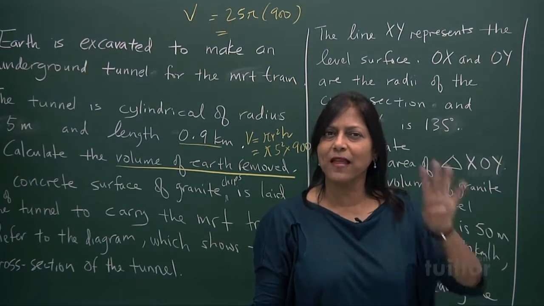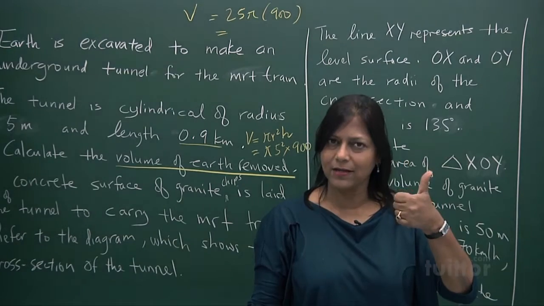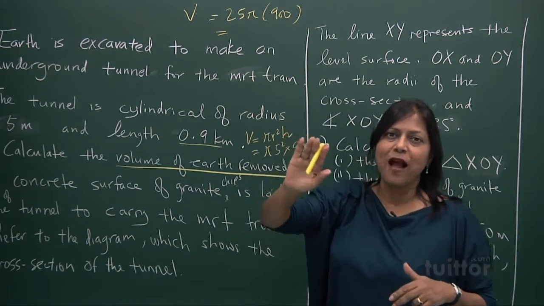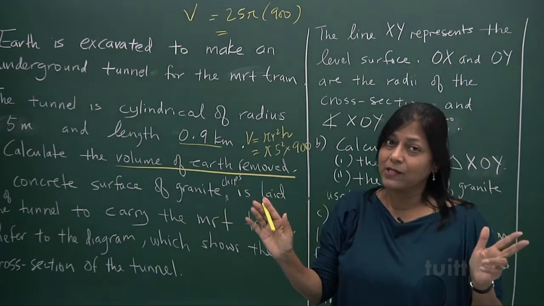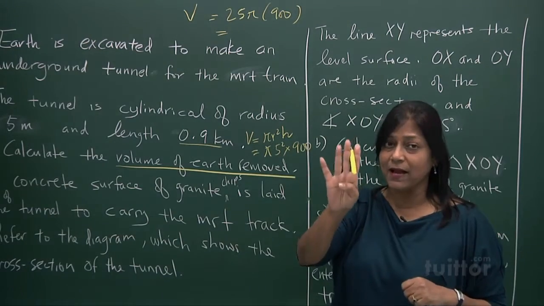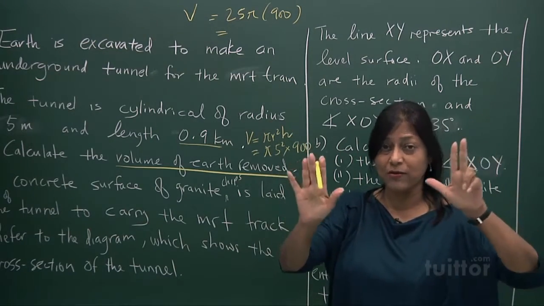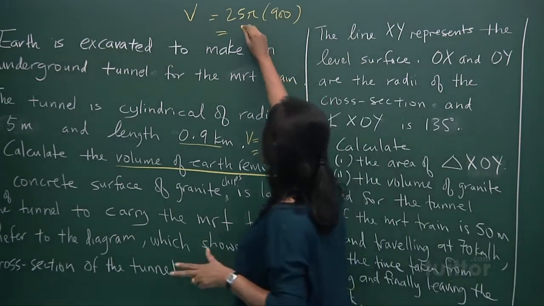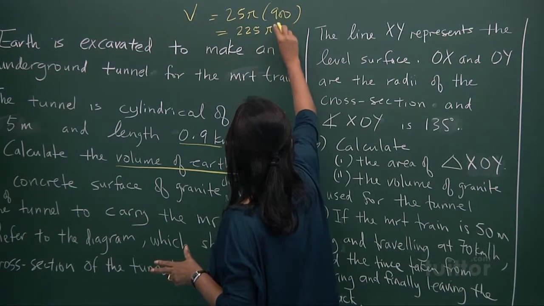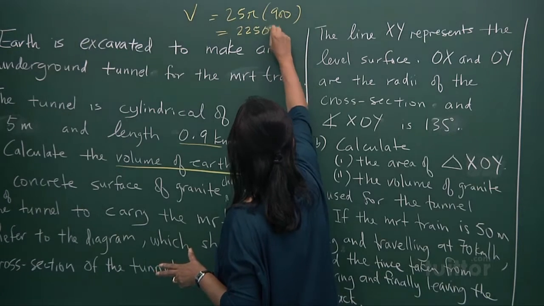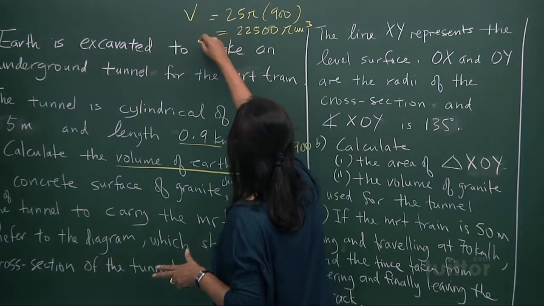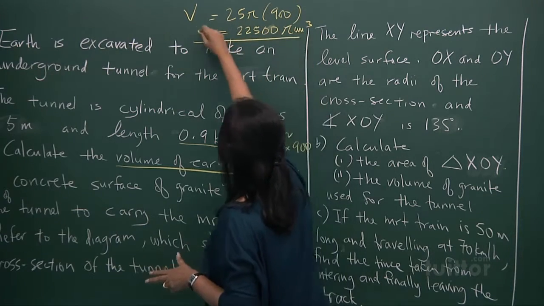What is 25 times 4? 100, yes. What's 25 times 9? 8 25s make 200. 9 25s is 225, right? 4 25s is 100. 8 25s is 200. 9 25s is 225, with two zeros. Pi cm cube. That's the volume of earth dug out.